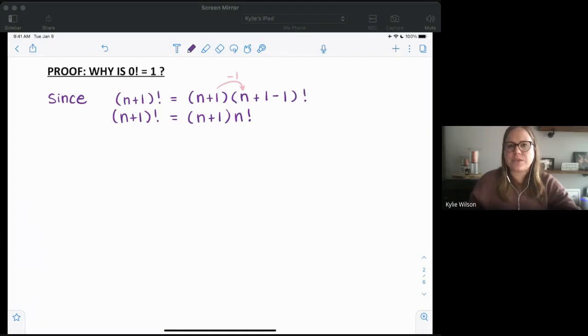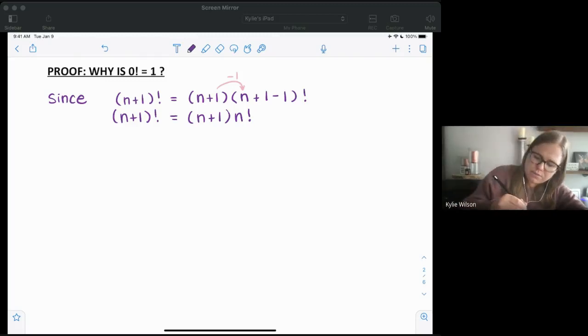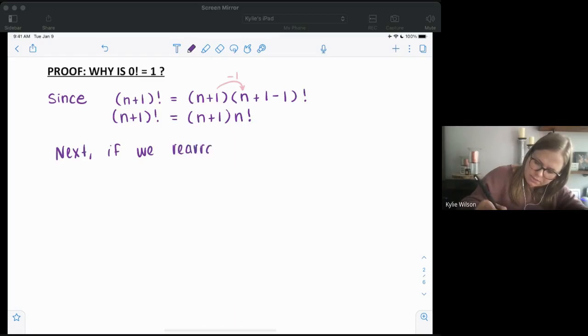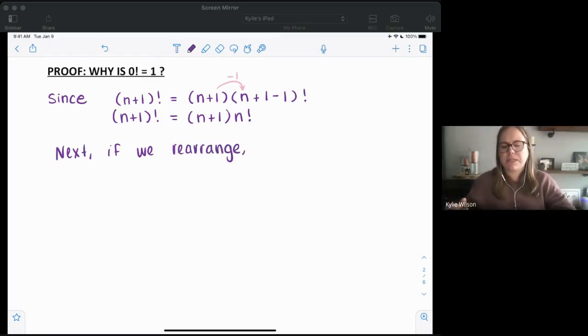n plus 1 factorial is n plus 1 multiplied by n factorial. So what I'm going to do is rearrange this. The goal is to get n factorial by itself so that I can rearrange this and then sub in 0. That's my goal. And when we're doing proofs, we often want to explain what we're doing as we're going through.